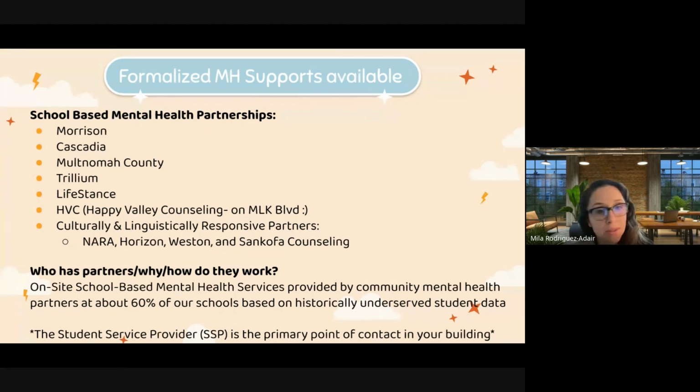So just know that they're also being wrapped around by their mental health provider. If for any reason you need to share information with the provider, please let the student know. The providers are in the building for that reason, to care coordinate and support the student with collateral information.